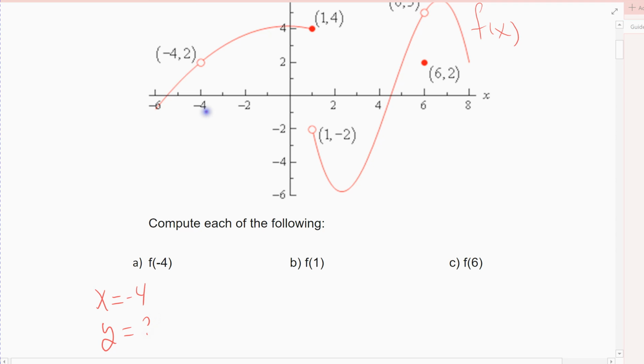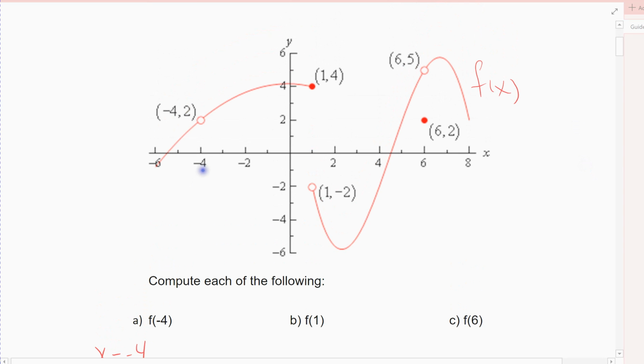Well, I go to my x equals -4. Change my color from red since the graph is red. All right, so this would be where the x value is -4, and I go up here and I look, and you'll notice that there's a hole in the function there. Right? There's a hole in my function at the point -4, 2. And so that means the function does not exist at -4, 2. There's a gap, jump. It's not in the domain. Right?